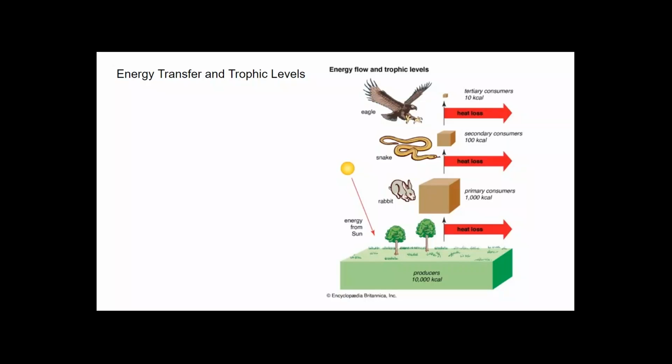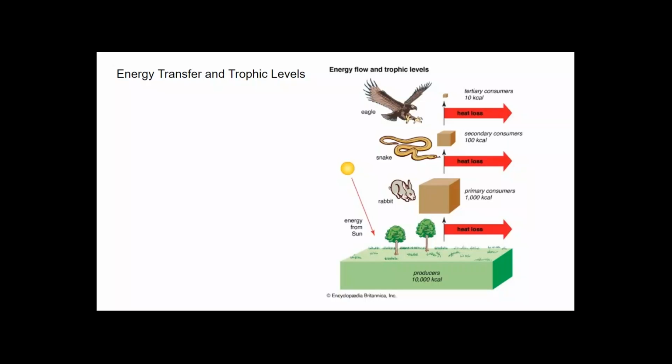So of the energy available to producers, only about 1,000, a tenth of it, gets carried into the energy of the primary consumer. And again, only 10% of that is available to secondary consumers, and less still for tertiary consumers.